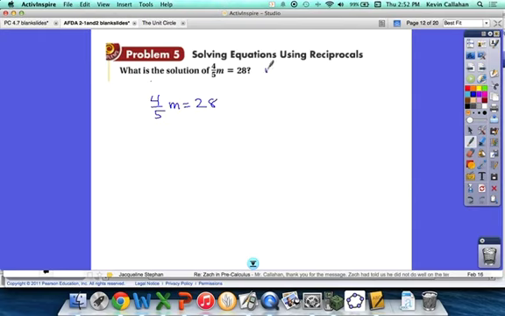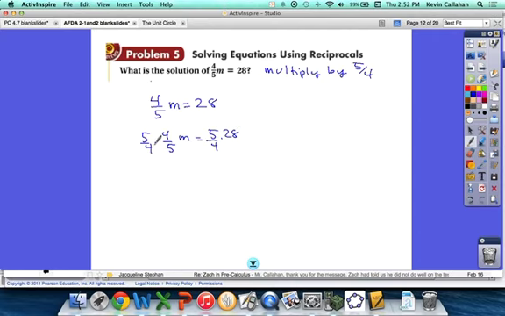You want to multiply by 5/4. Right, so if I multiply 5/4 times 4/5 m, 5/4 times 28. So I multiply both sides by the same thing. That's the multiplication property of equality.